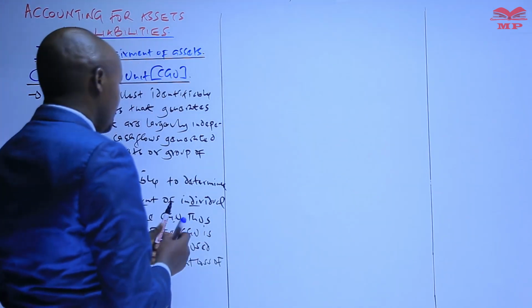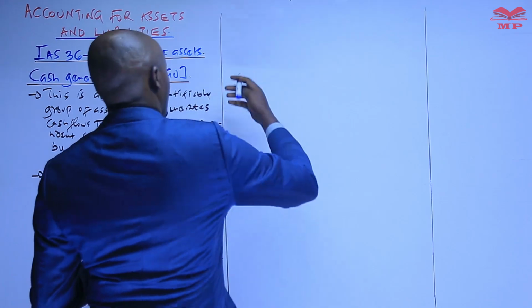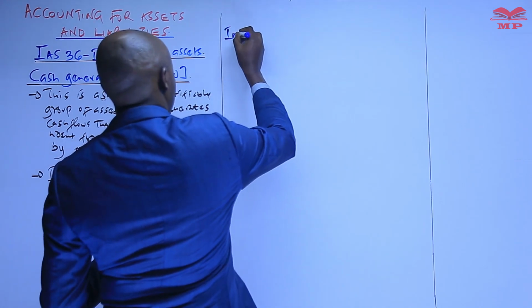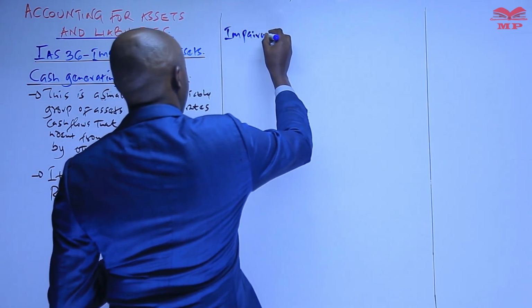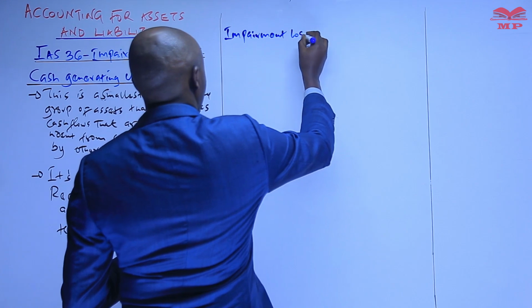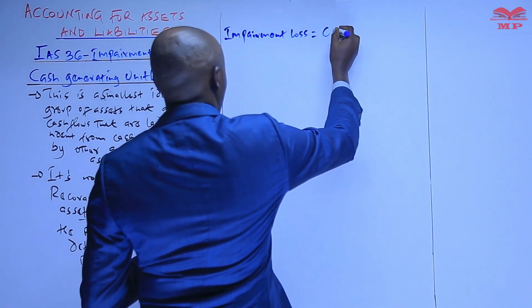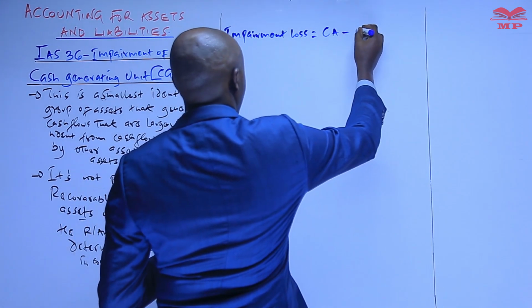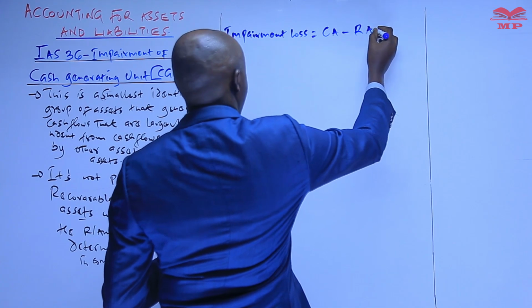Let us remind ourselves of how we compute the impairment loss. The impairment loss is equal to the carrying amount minus the recoverable amount.